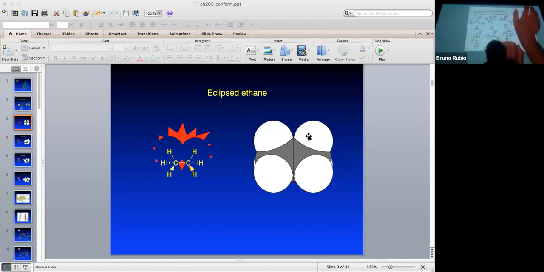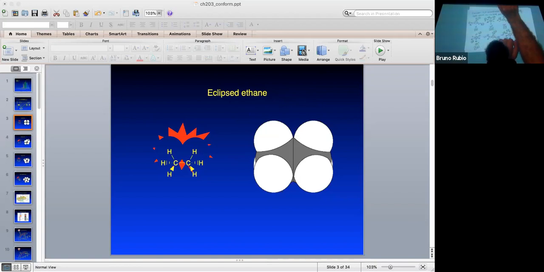But remember, what we're looking at here is not the full extent of these orbitals, because this orbital extends out into space to a greater extent than is portrayed by this white ball. So we have a big cloud of electrons around these hydrogens, and they have interpenetrated each other.